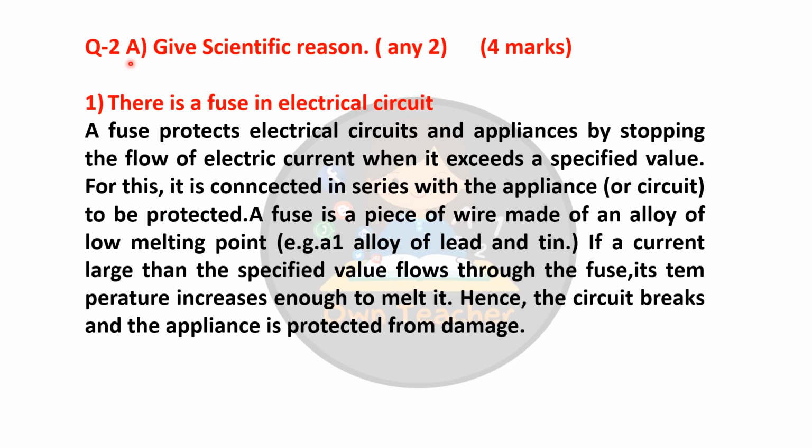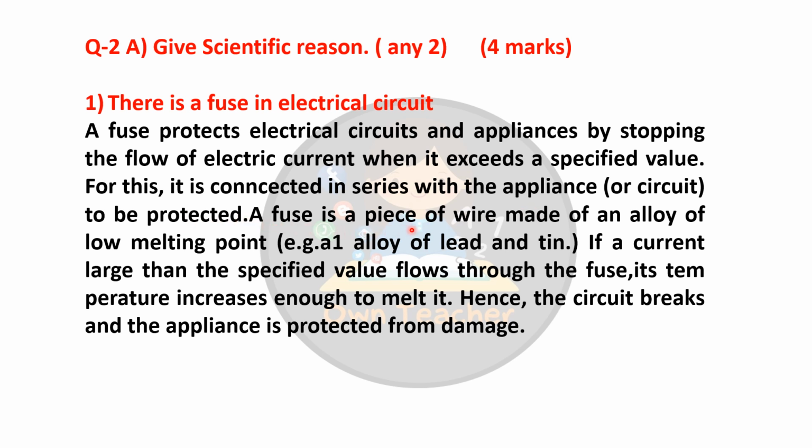Question 2a. Give scientific reason, any two, for 4 marks. Number 1. There is a fuse in electrical circuit. A fuse protects electrical circuit and appliances by stopping the flow of electric current when it exceeds a specified value. For this, it is connected in series with the appliances to be protected.